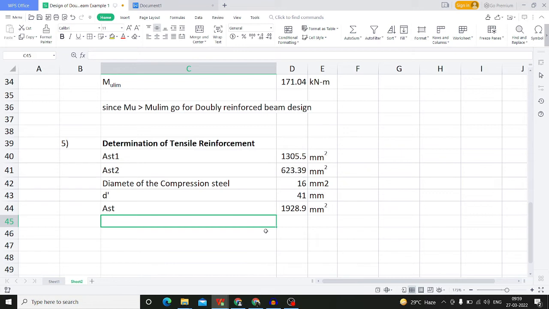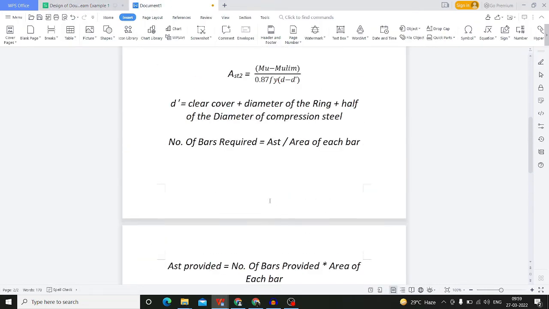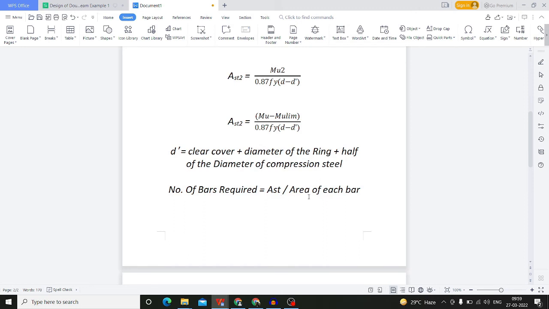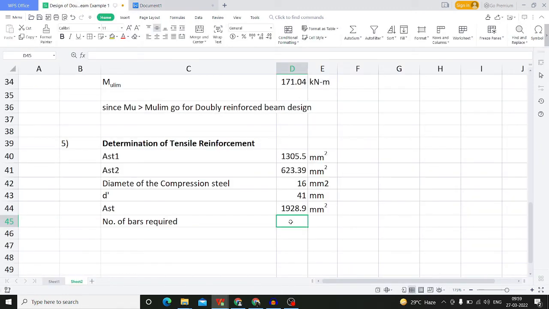First we need to find how many bars are required for this area, and then accordingly we provide the number of bars. Here I have given the formula. Number of bars required equals AST divided by the area of each bar.